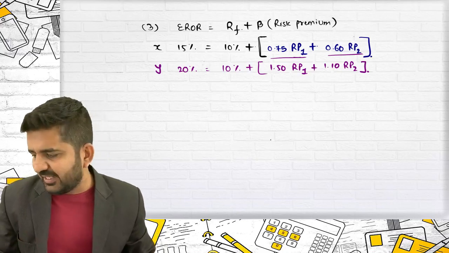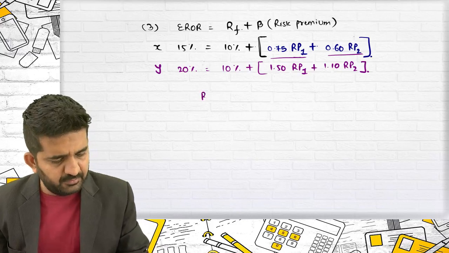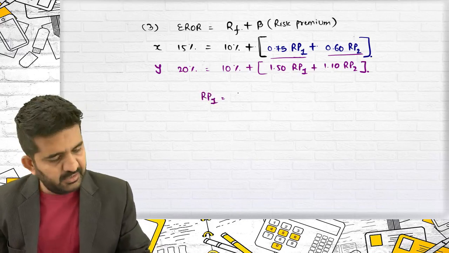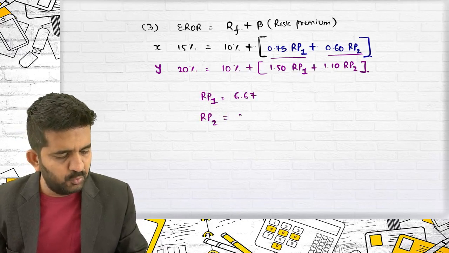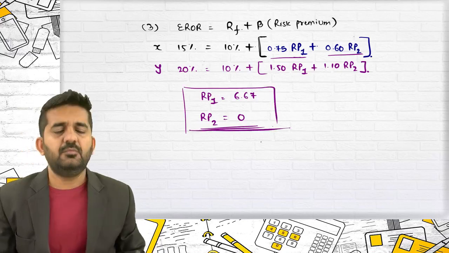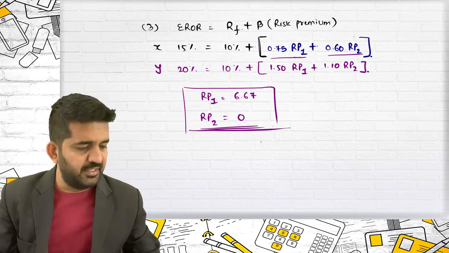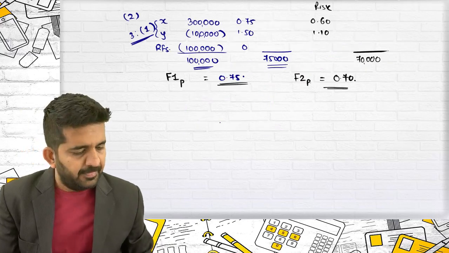I am directly taking the answer. The answer of risk premium 1 is 6.67 and risk premium 2 is 0. If I solve these 2 equations, I will get this answer.